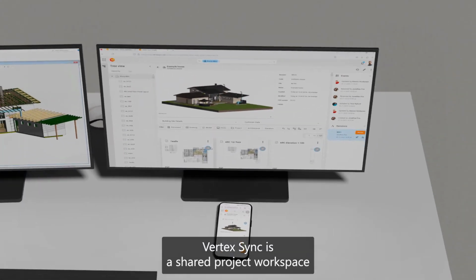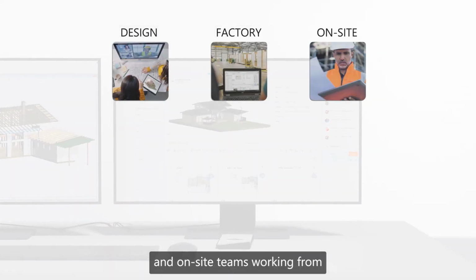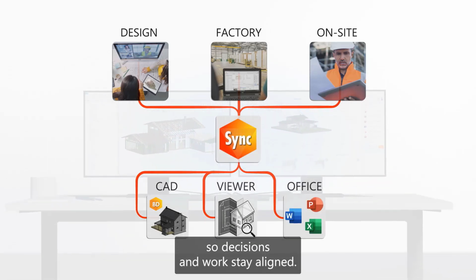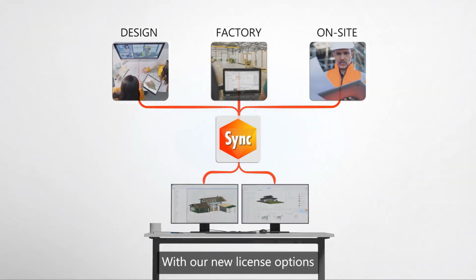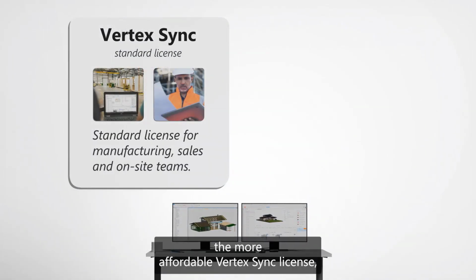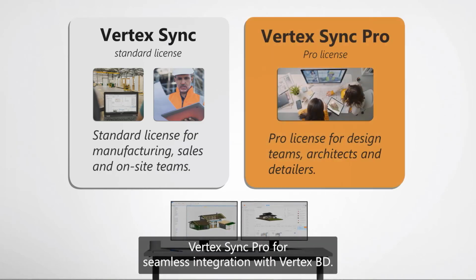Vertex Sync is a shared project workspace that keeps design, manufacturing, and on-site teams working from the latest models, drawings, and documents, so decisions and work stay aligned. With our new license options, staff who don't use design software can use the more affordable Vertex Sync license, while designers choose Vertex Sync Pro for seamless integration with Vertex BD.